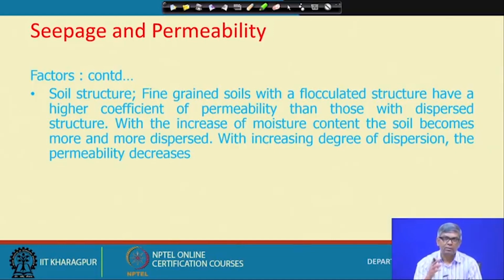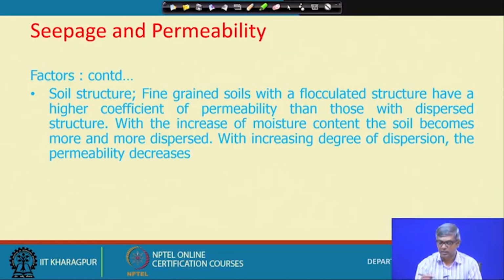If we see microscopically, there are two types of structure, one is flocculated and another is dispersed. If it is flocculated, the structure has a higher coefficient of permeability, and if it is dispersed, it will be less. With the increase of moisture content, the soil becomes more and more dispersed, and with the increasing degree of dispersion, the permeability also decreases.